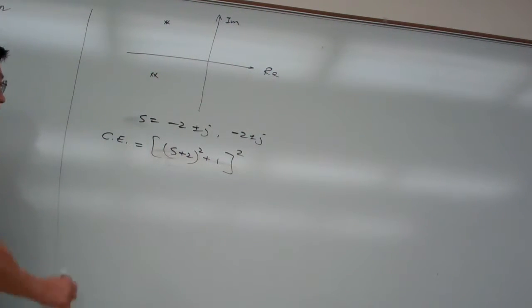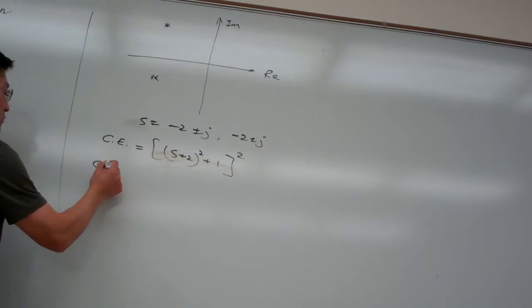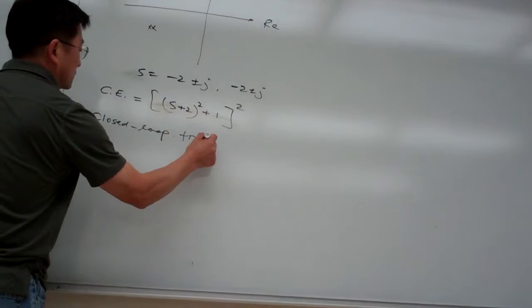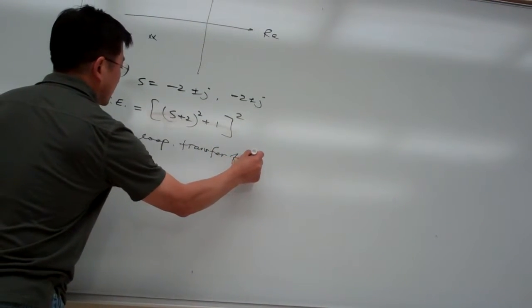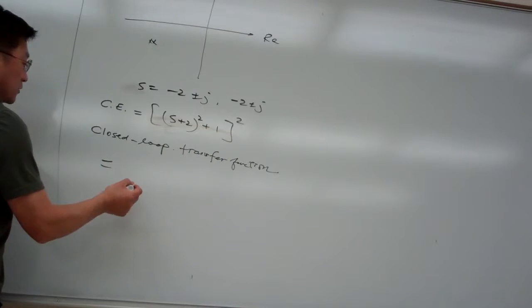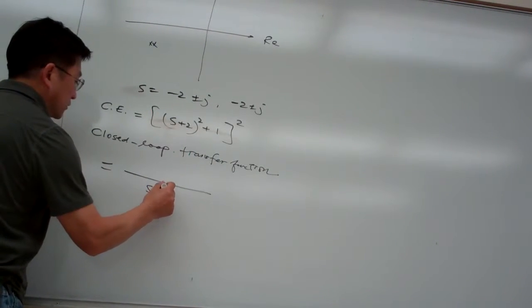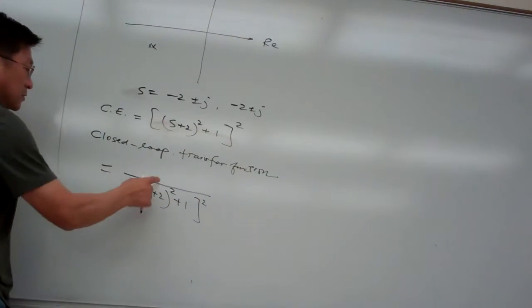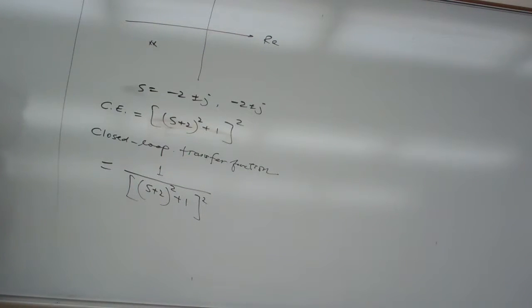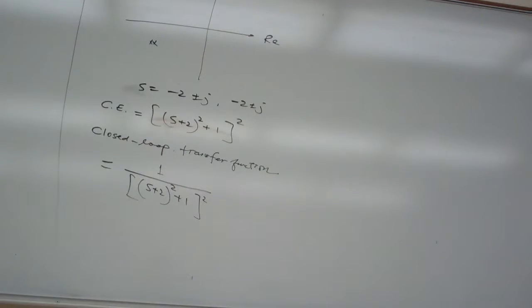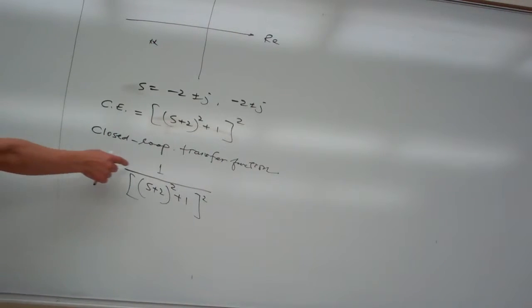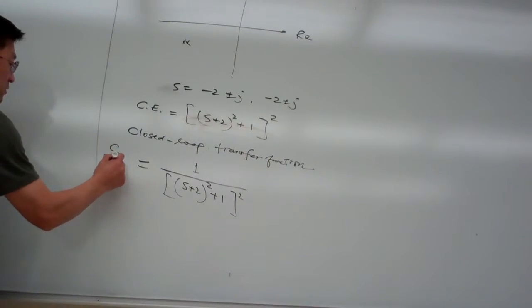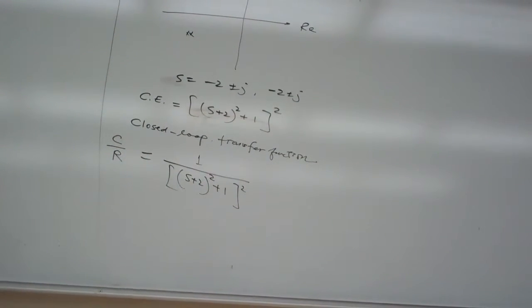So the closed loop transfer function can be written as 1 over ((s plus 2) squared plus 1 squared), where for the numerator we take an arbitrary scaling factor, for example 1.